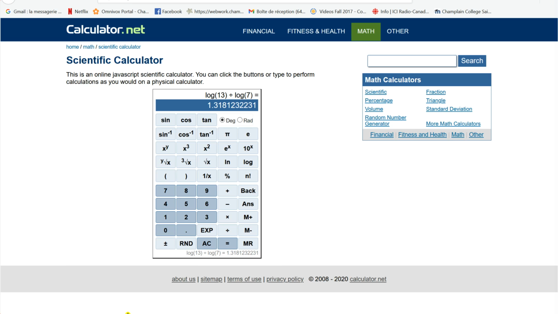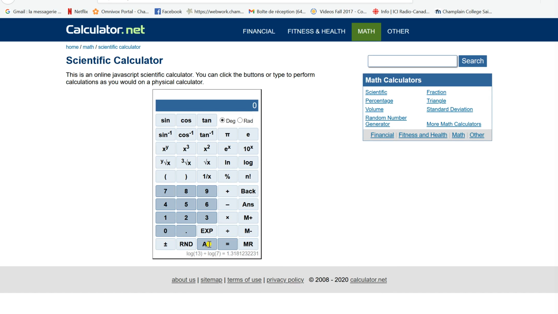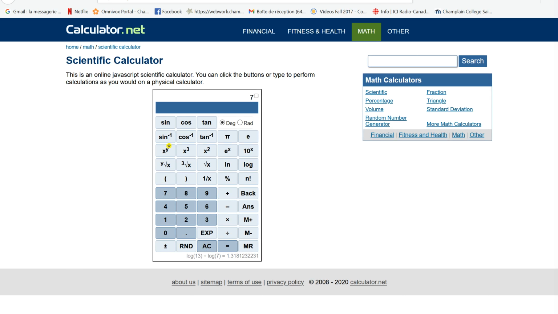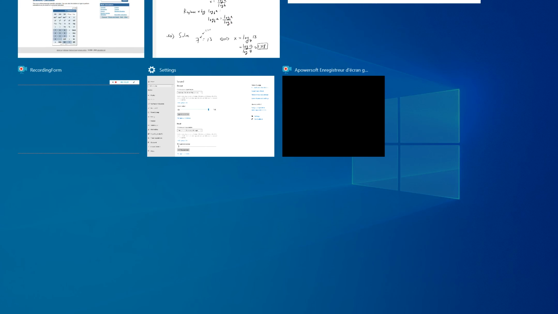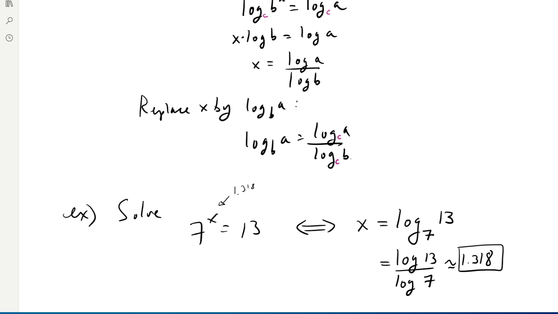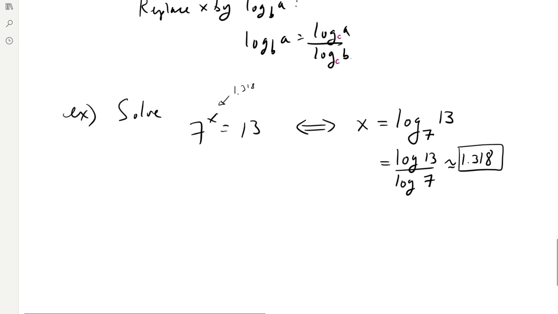So I'm going to clear this and do 7 to the 1.318. And look at the value that it's giving me, 12.996. You see it's pretty close to 13. So you can always verify that your value actually works by plugging it back into the original equation. So this is our first example.